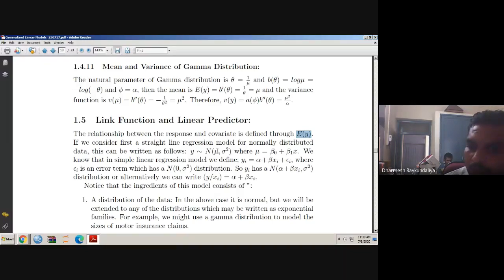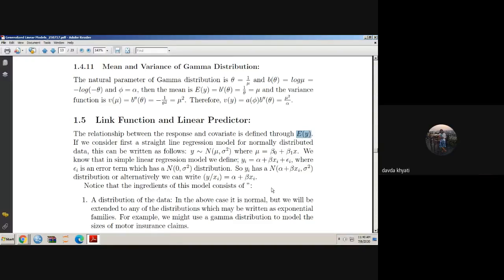And what is mu? Mu is nothing but the expected value of y, and it is given by beta 0 plus beta 1 x. Is that okay? Yes, sir. So expected value of y is equal to beta 0 plus beta 1 x. So y is connected with x via the expected value of y.